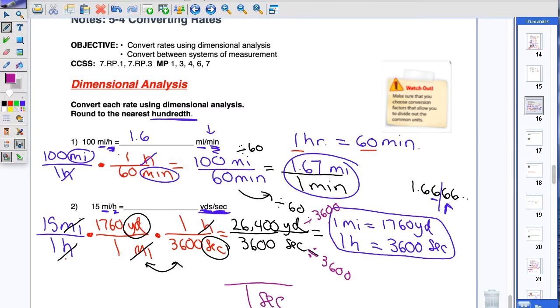When we divide the 26,400 by the 3,600, we get 6.83 repeating. So we need to round that to the nearest hundredth, so that would give us 6.83, and put in your label, yards. So 15 miles per hour is equal to 6.83 yards per second.